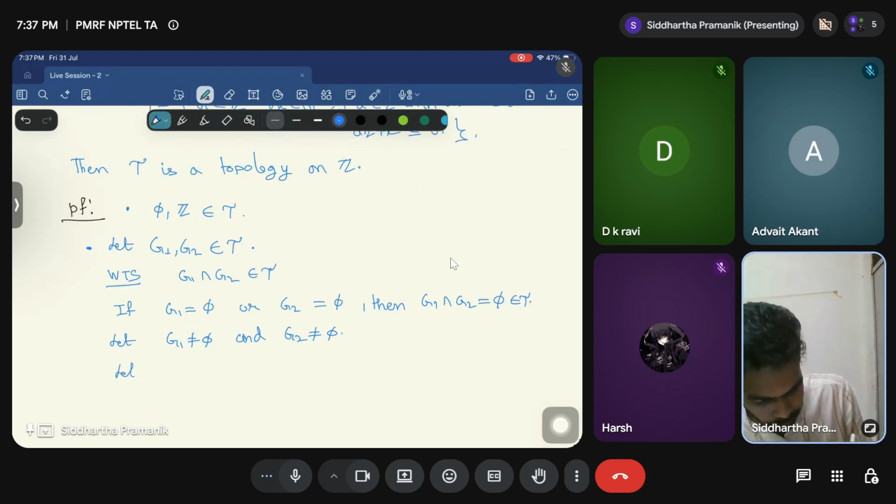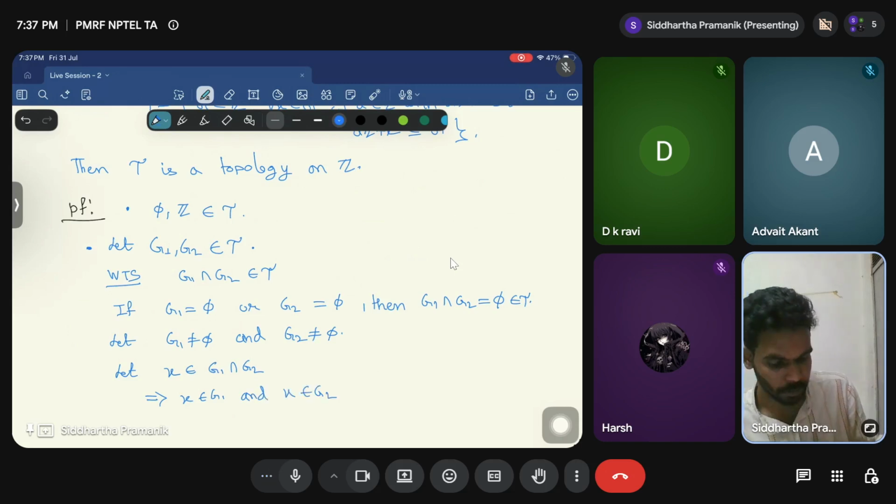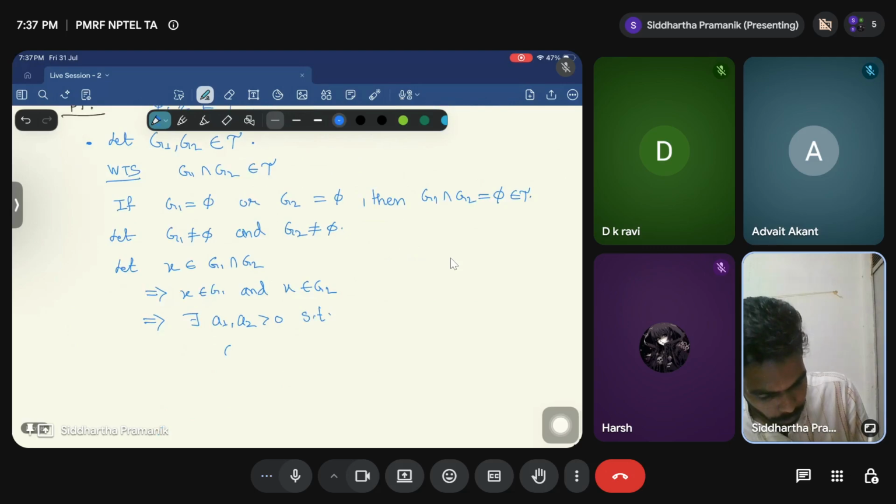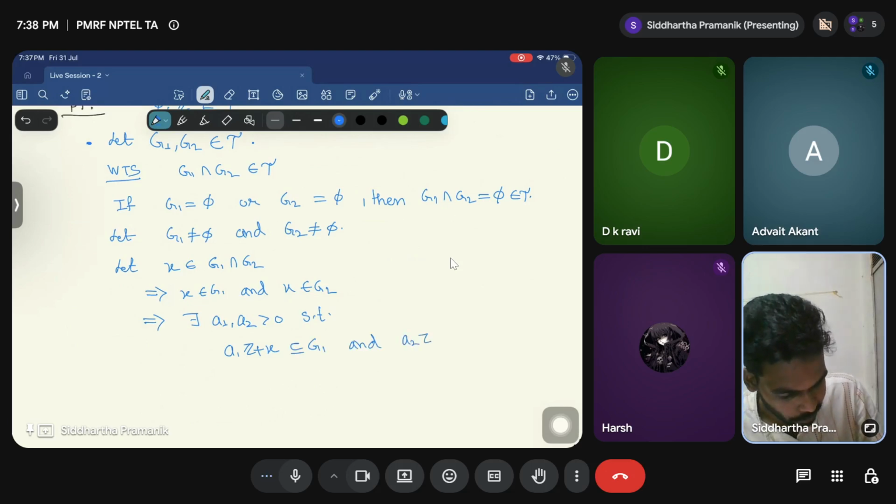So let x be an element from the intersection. So this will imply x belongs to G1 as well as x belongs to G2. So by definition, there exist two positive integers a1, a2 such that a1Z plus x is a subset of G1, and a2Z plus x is a subset of G2.